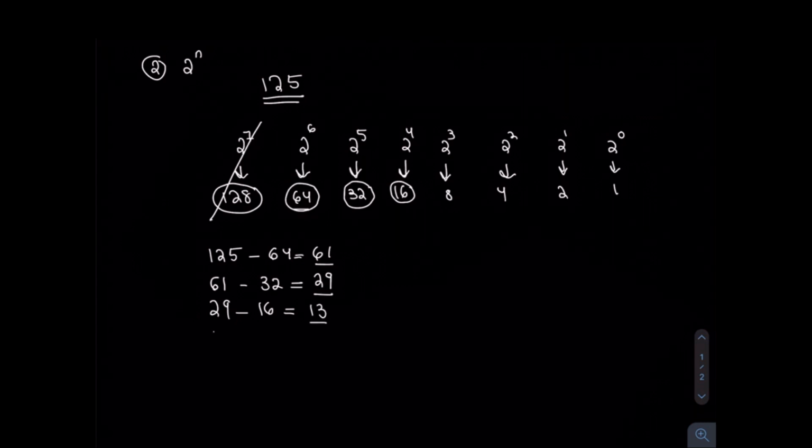Then take 13 and choose again the largest number that is less than 13, which will be 8. It will equal 5. And take 5 and subtract it from, again, the largest number that is less than 5, which is here 4.